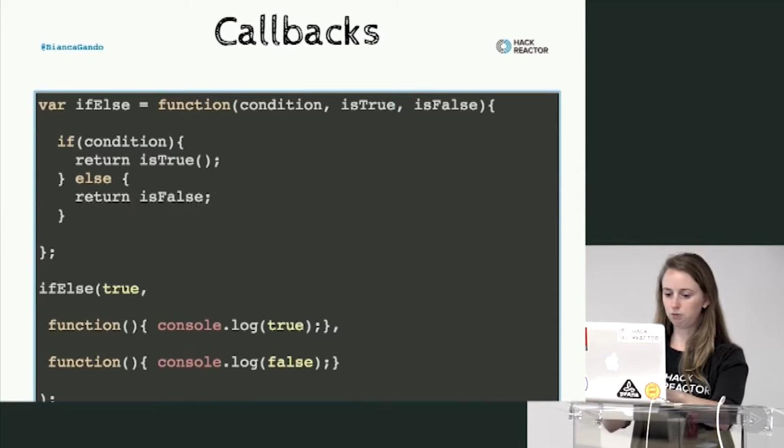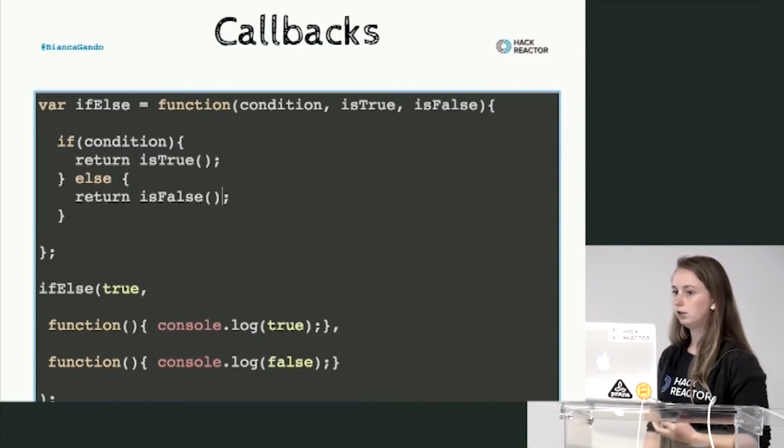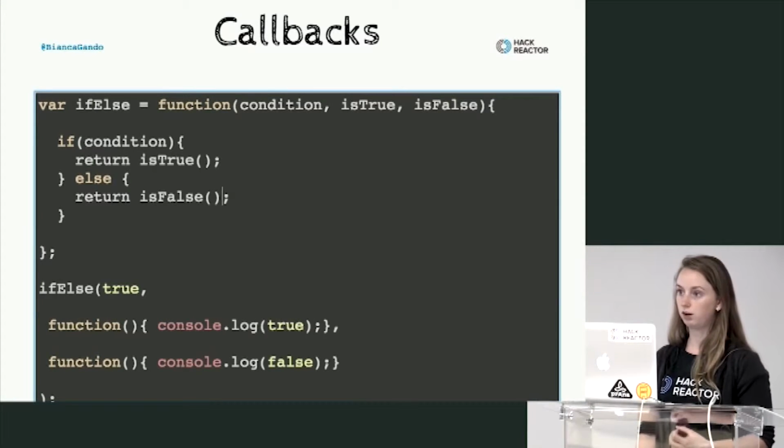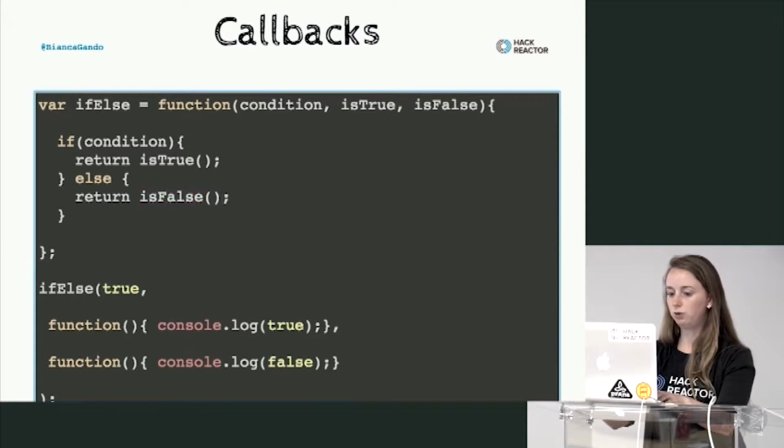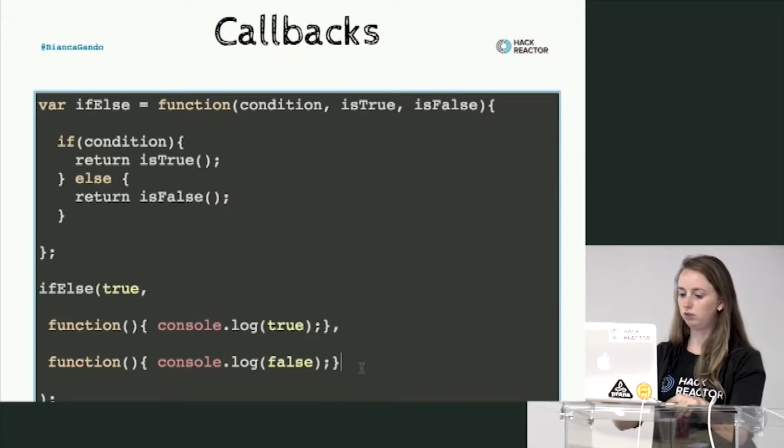So it's important to note that when you are doing this, you need to call it. And so when we call a function that's a parameter or an argument, it's just like referencing it as a variable. So if we wanted to call is false, we just add the invocation operator, also known as two parentheses, next to that function name. And so these are two anonymous functions that we're passing in.